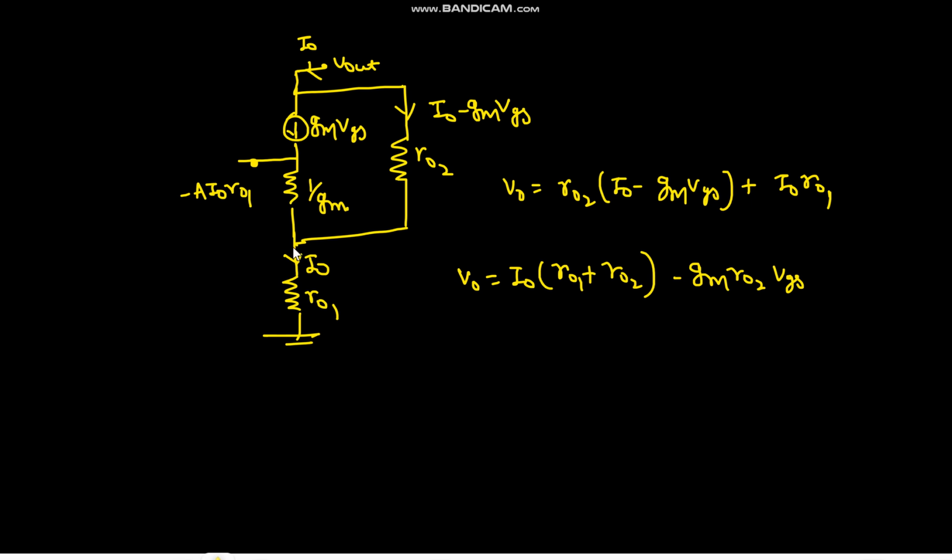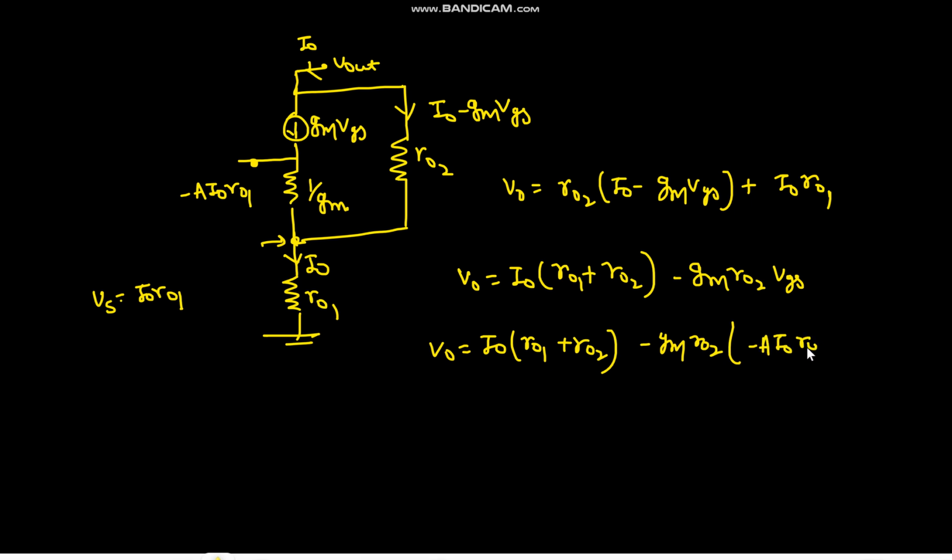Now this VS value is I naught into R naught 1, and this VG value is this value. So now you can write V naught equals I naught into R naught 1 plus R naught 2 minus GM R naught 2, your VG value is minus A I output R naught 1, minus VS value is I naught R naught 1, right?